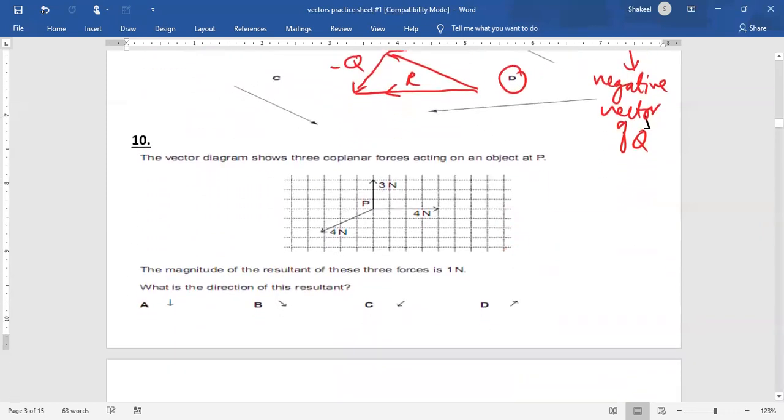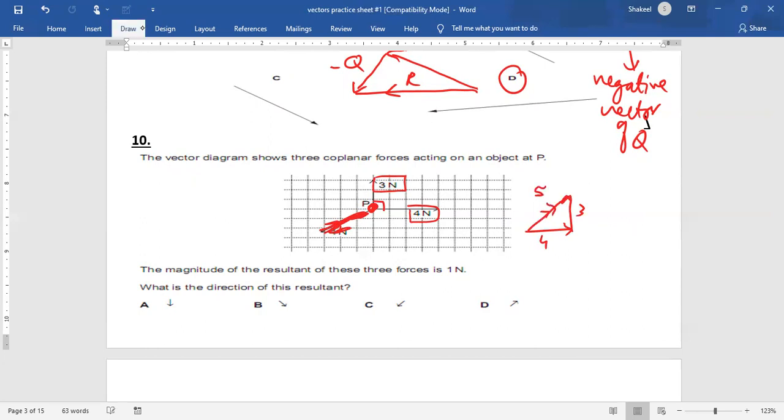Question number 10. Three forces are acting at a point P, and you have to find the resultant. So first, whenever 3 or 4 forces are given, you have to find the resultant of the first 2 forces, which are easier to do. Like these are at right angles, so just solve them. Just for the moment, ignore this vector. So only 2 vectors are there, 4 and 3. When you solve it, you will get a resultant of 5 by Pythagoras theorem.